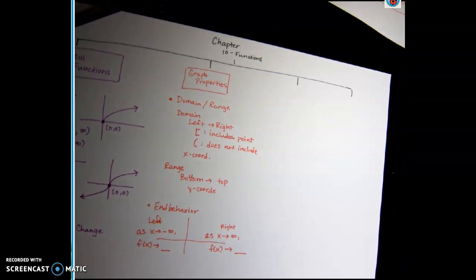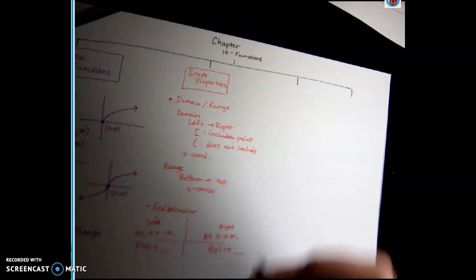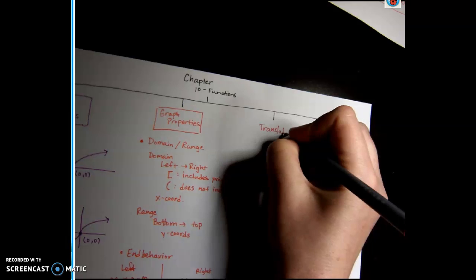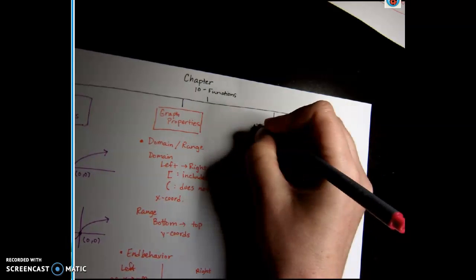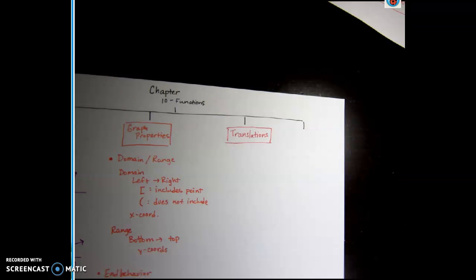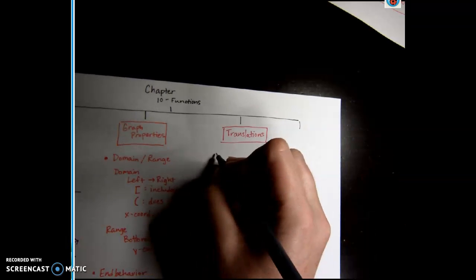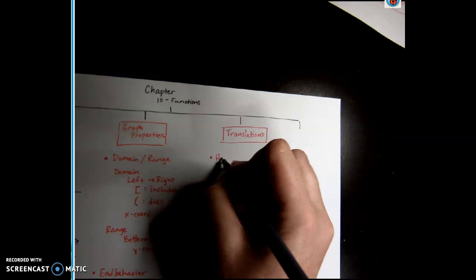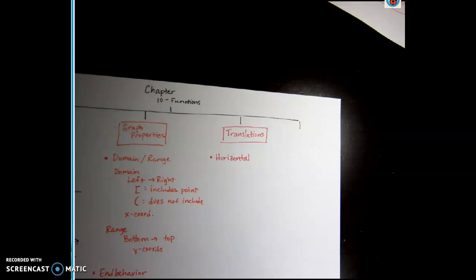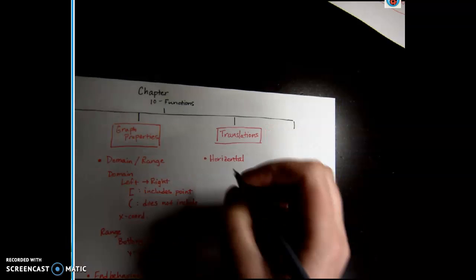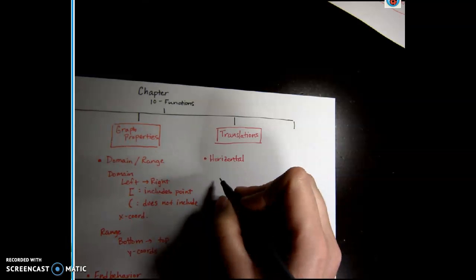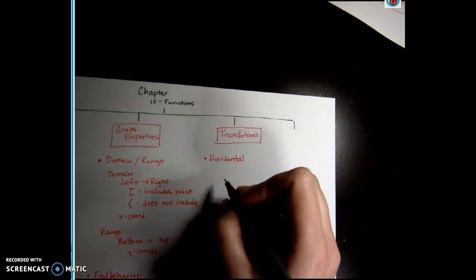The next thing we did in chapter 10 was translations. We did horizontal translations. A horizontal translation would be if you add a number to the x portion of your equation.